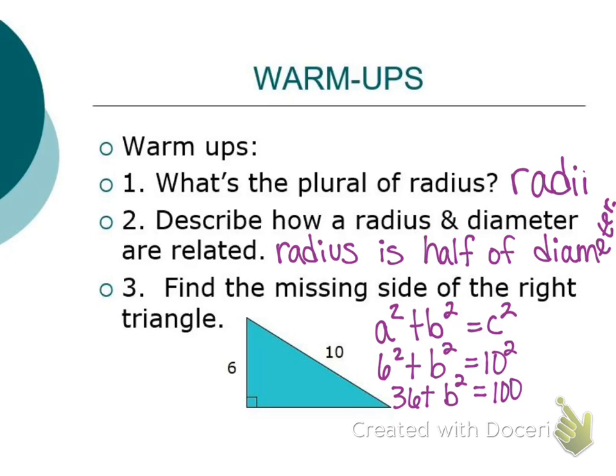How do I get b alone? And then? So b squared equals 64. We have to square root, which means b does equal 8. We have to be able to solve right triangles to do today's lesson.